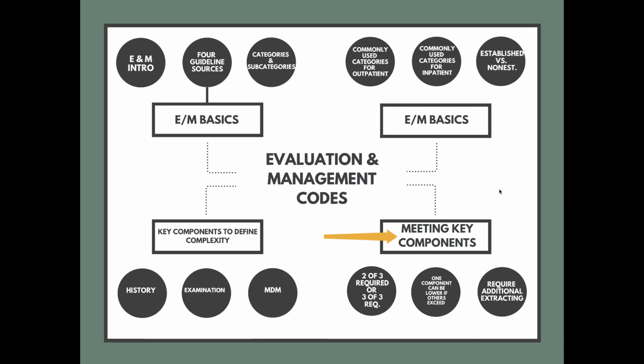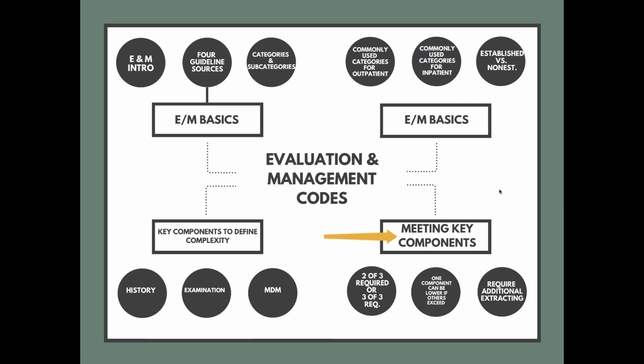When codes require all three components, then all three components in the medical record must meet or exceed the levels listed in the code description. Codes that are based on three key components, which means that all three key components have to be met for history, exam, and MDM, or medical decision making, will often require additional abstracting from the medical record to determine the actual level of each component.